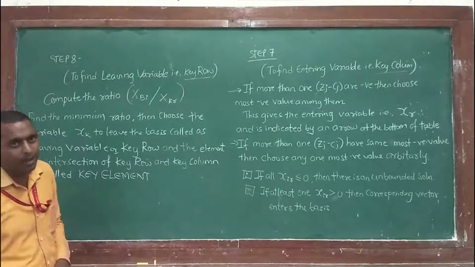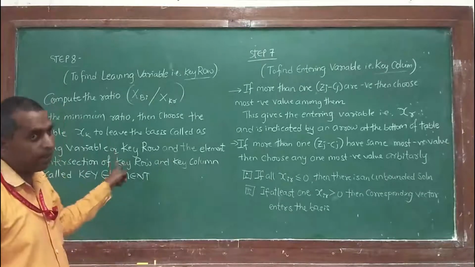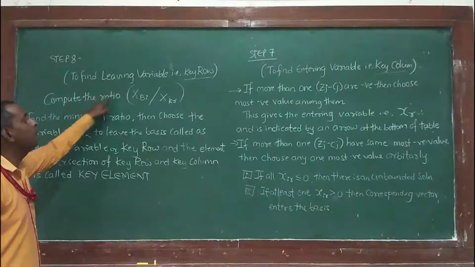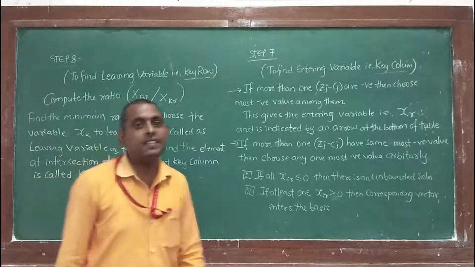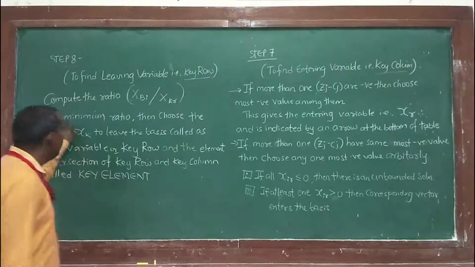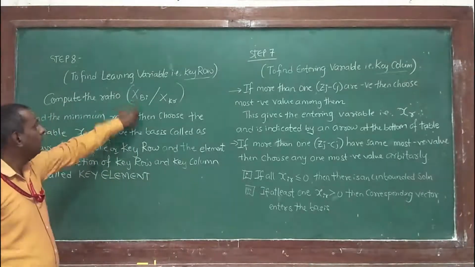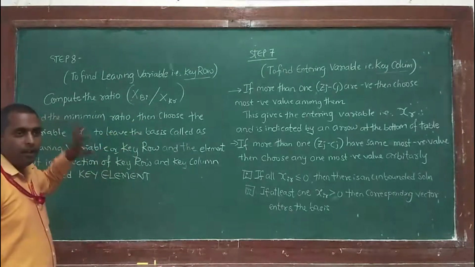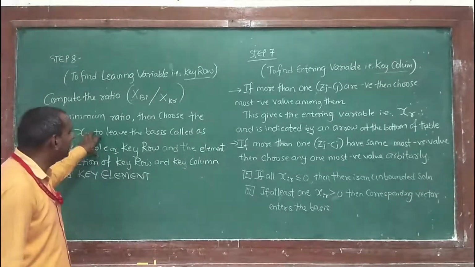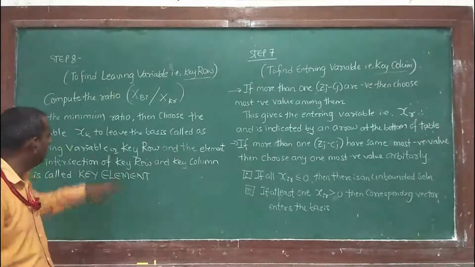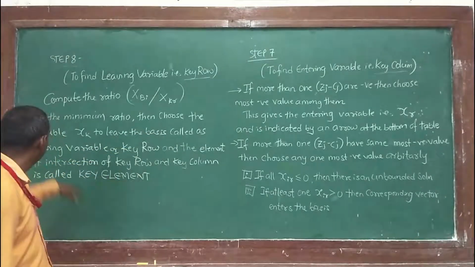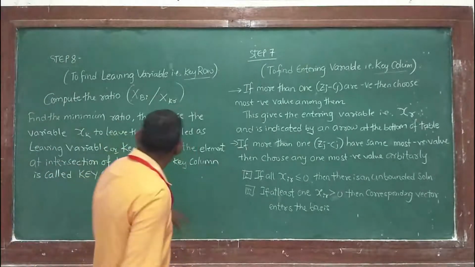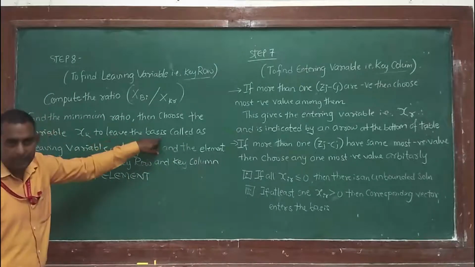Fine. This is step number 8. Let me repeat step number 8. Compute the ratio of xBi divided by xkr. So find the minimum ratio. Then choose the variable xk which has the minimum ratio as the leading variable, I mean to say, to leave the basis.